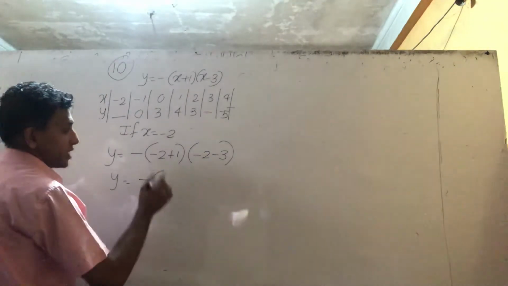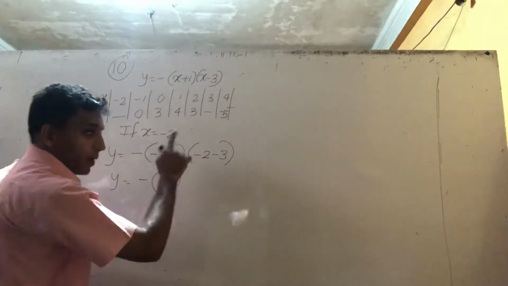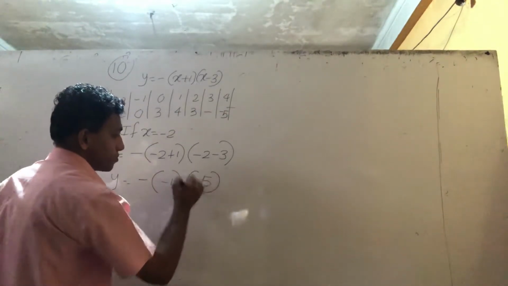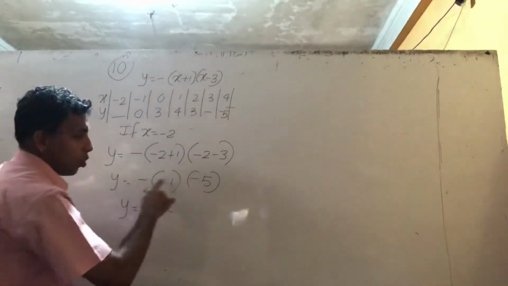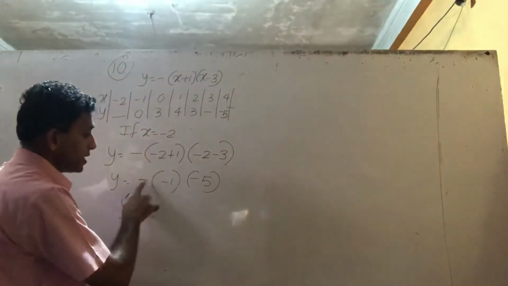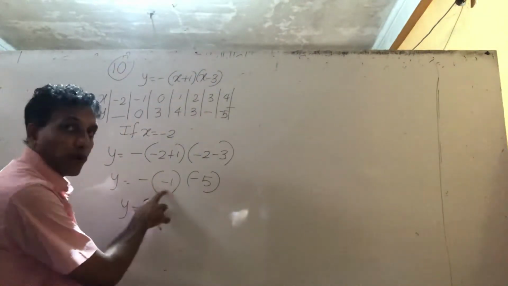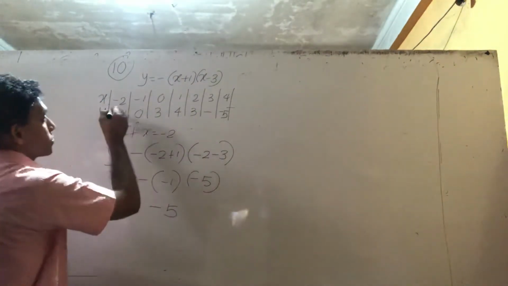What is minus 2 plus 1? Minus 1. Minus 2 minus 3, minus 5. Therefore y equal, all multiplication, minus, minus, minus 3 times, that is negative. Minus into minus, plus, plus into minus, minus. 1 times 5, 5.